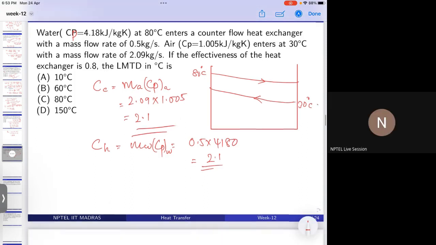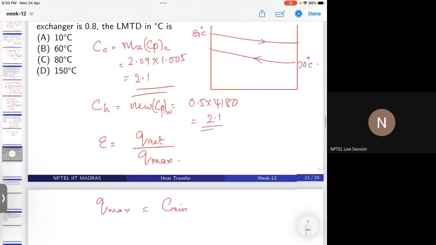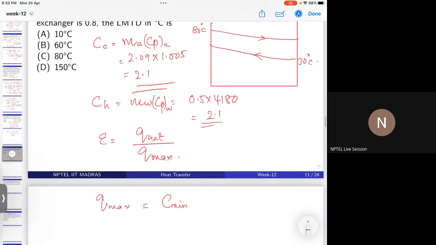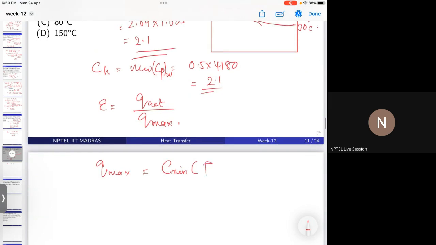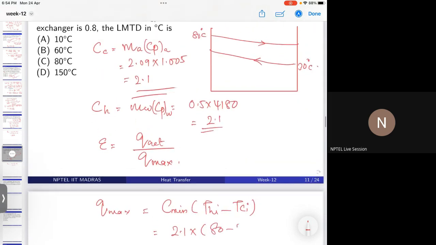So what is the effectiveness? It is Q actual divided by Q maximum possible heat transfer. What is Q maximum possible heat transfer? It is C minimum. As both are the same, you can take anyone, Cc or Ch, times Thi minus Tci, which is equal to 2.1 into 80 minus 30.